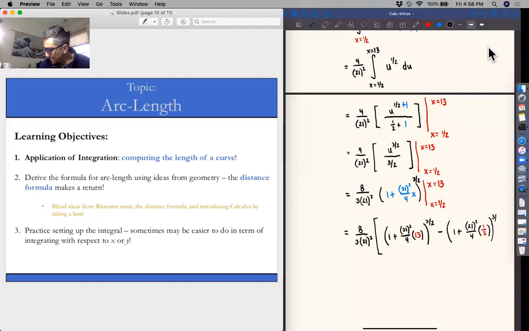And again, we raise that to the 3/2 power. And that is the length of the curve for this particular example. And again, if we had our calculators handy, we could probably get a very nice value for this. But this is what that length is exactly.